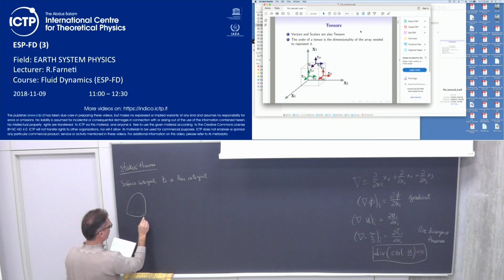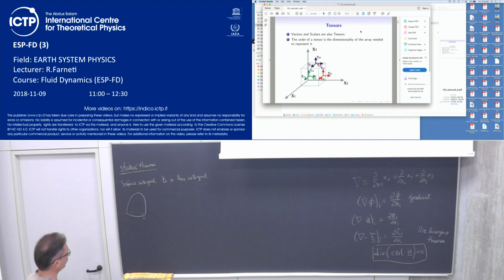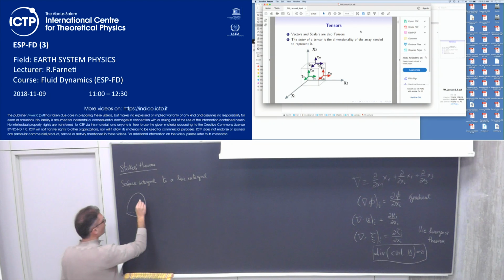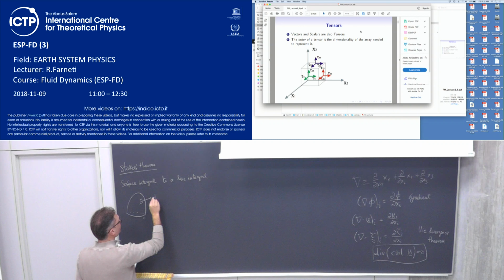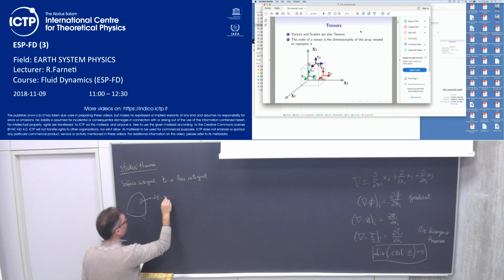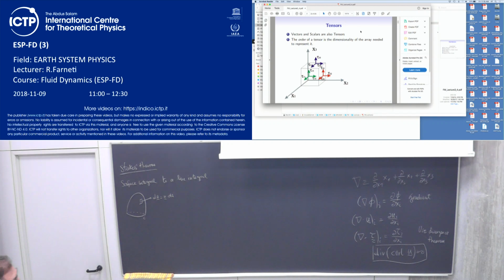So I have a line C, a bounding curve C, and this is my dA. The surface has a magnitude, dA, and an orientation, the normal vector. So this is my dr over the bounding curve.